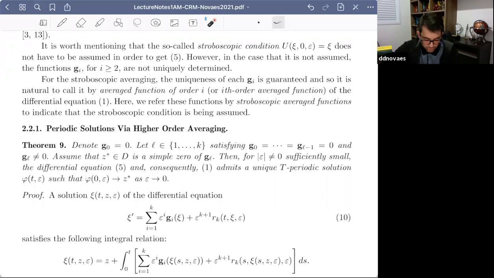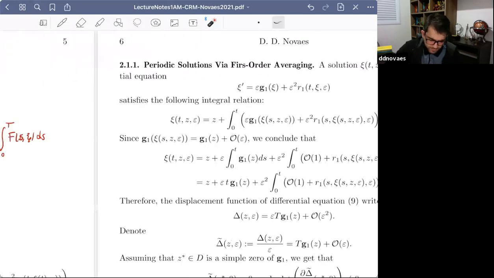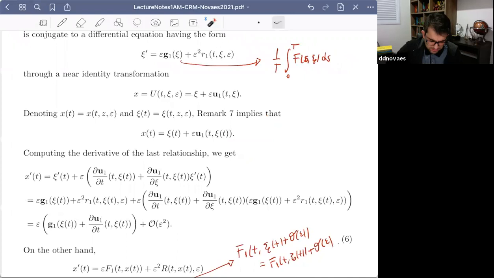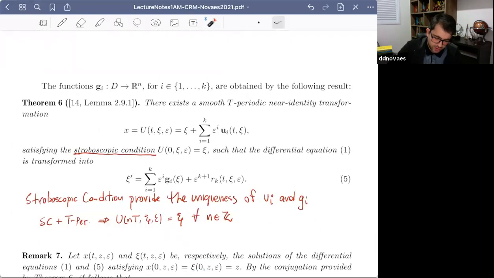So what we have is that until order k of epsilon, the dependence on the time t does not appear here. Okay, so we can use that to expand in Taylor series the displacement function of this differential equation, and then to compute, using the implicit function theorem, a branch of zeros of the displacement function.